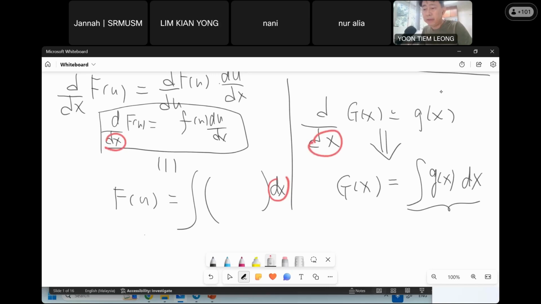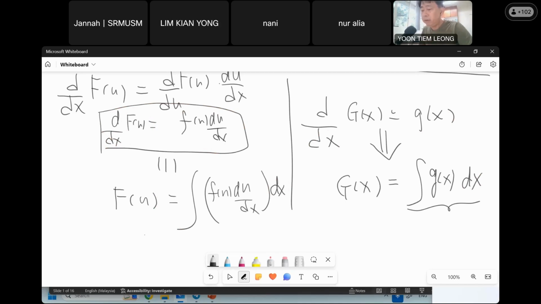Likewise, if you have a dx here, then you have a dx here as well. So I'm rewriting this relationship in the form of an indefinite integral. This is the antiderivative. Then this is the variable, which is dx. Then this is the function that plays the role of g of x here. And here it is f of u du/dx.